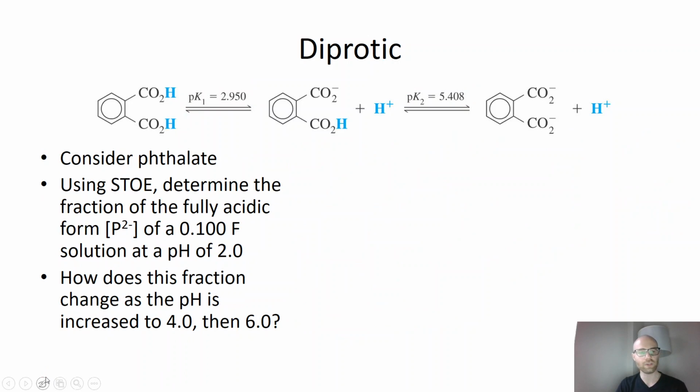And then finally, we should take a step through the fully basic form. But if you've made it through this far with the first two, this should be pretty straightforward. So I'm going to try and jump even more steps this time. We're targeting P2 minus. So first we want to substitute out H2P. And so using our combined K1, K2 expression, that should give us this piece.